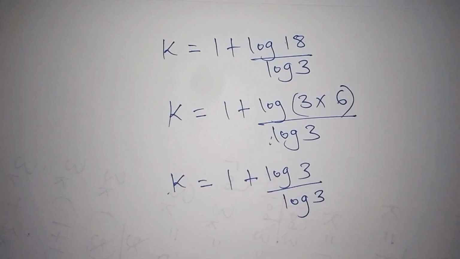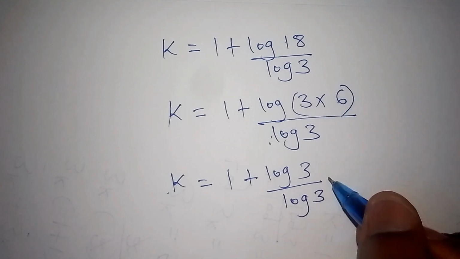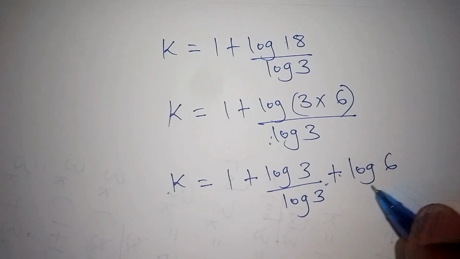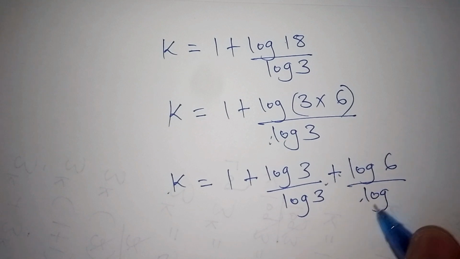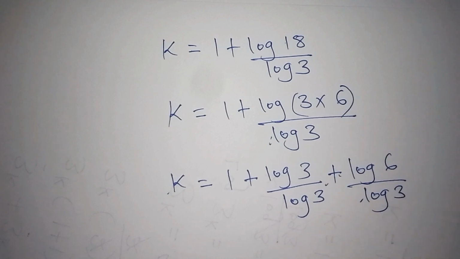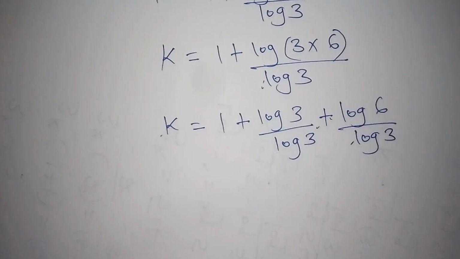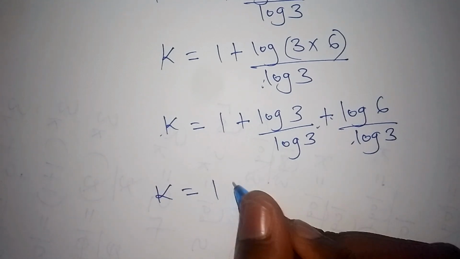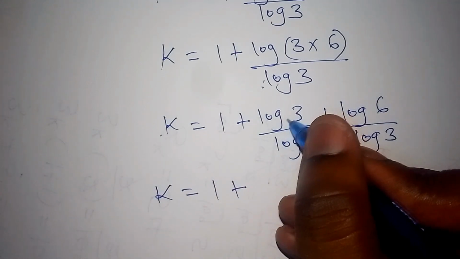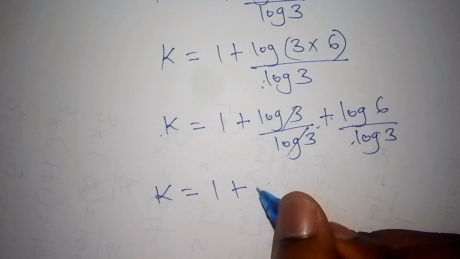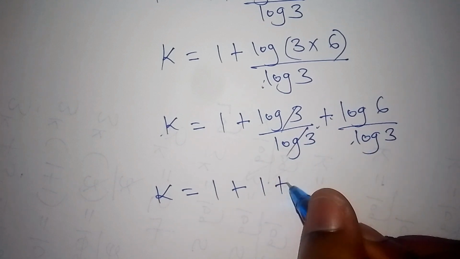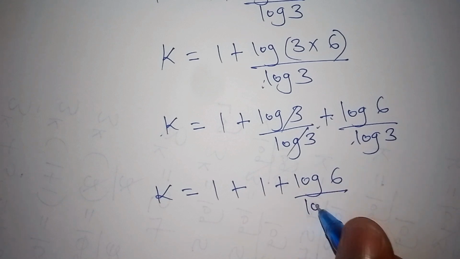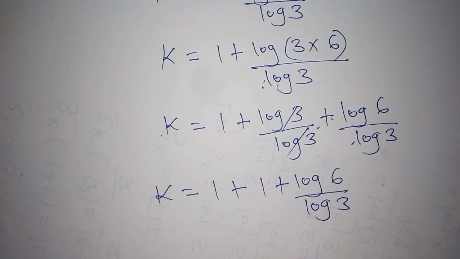Then, according to the law, the multiplication sign changes to addition. So plus the log of 6 all over the log of 3. The log of 3 and log of 3 cancel, so we now have again 1 plus the log of 6 all over the log of 3.